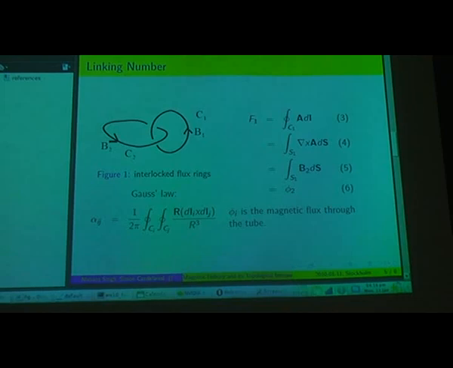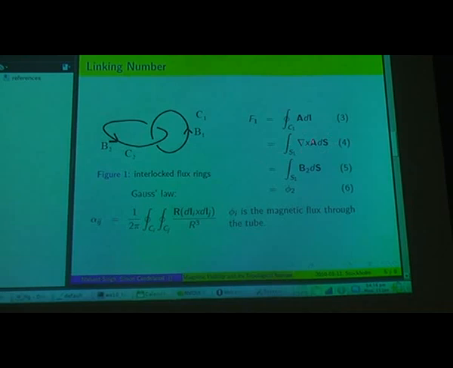And then the flux of the vector potential through each of those loops is just given by this line integral. And this, of course, can be written via Stokes' law like this.